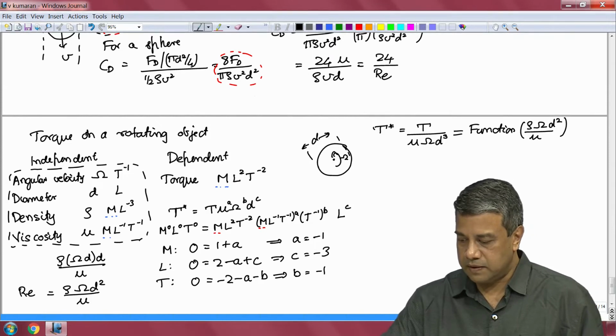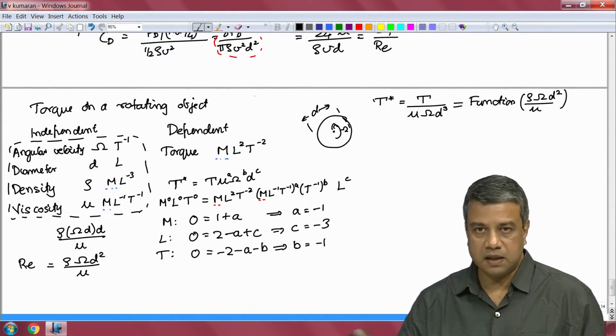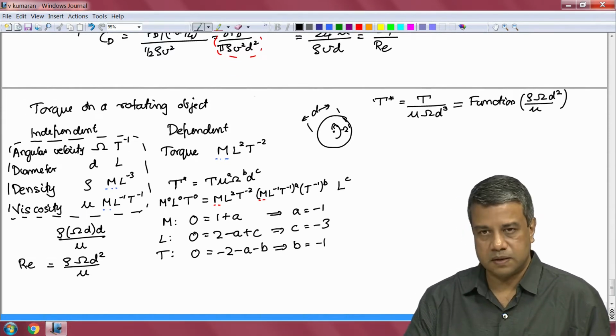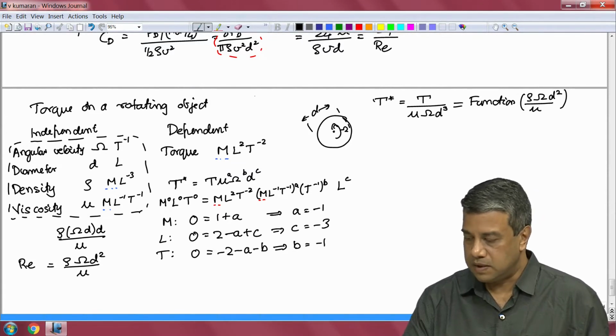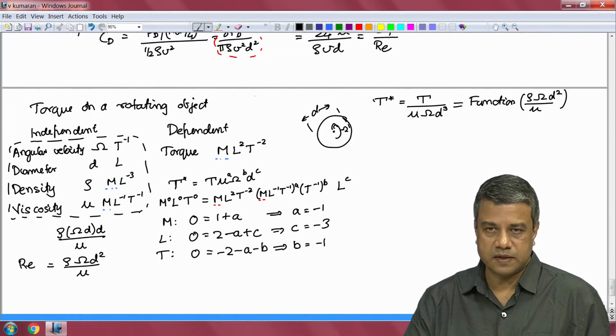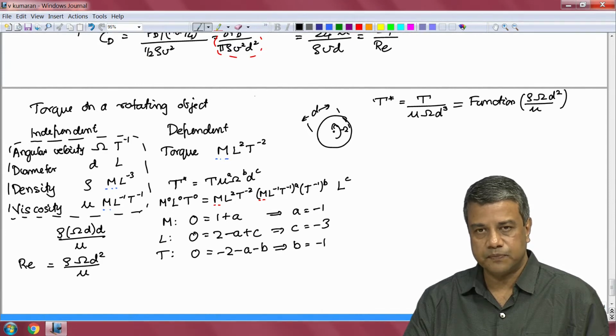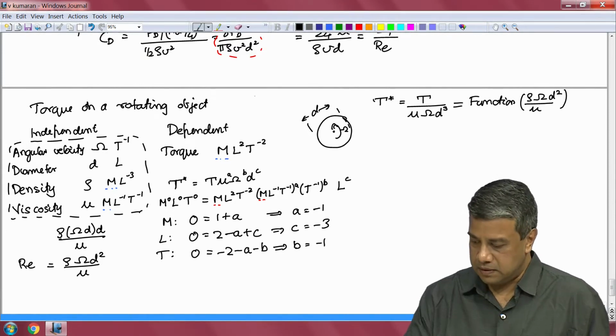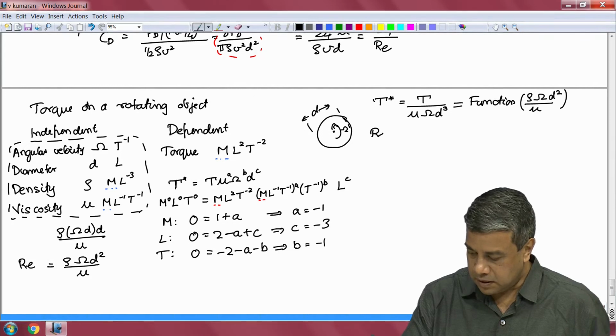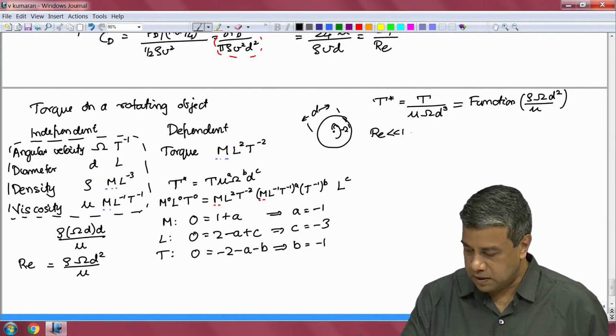We can, however, say that in the limit of low Reynolds number, when rho omega d square by mu is small, when inertial effects are small compared to viscous effects, then this torque has to approach a constant value when scaled by the viscous scale. So, for Re very much less than 1, T star is equal to a constant.